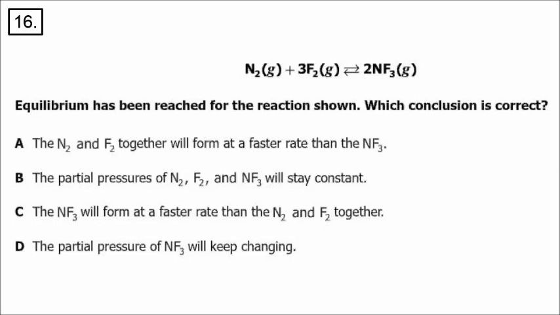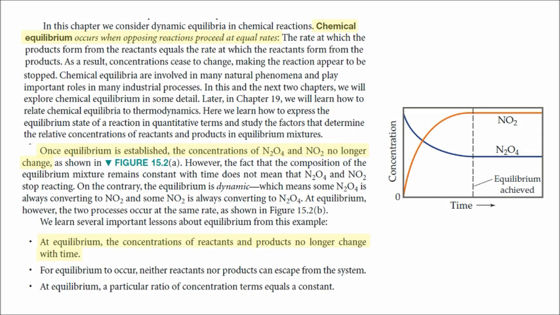Number 16 deals with a chemical reaction that has double arrows. Double arrows means that equilibrium is involved. So chemical equilibrium occurs when opposing reactions proceed at equal rates. So we have a forward reaction from left to right, and we have a reverse reaction from right to left.